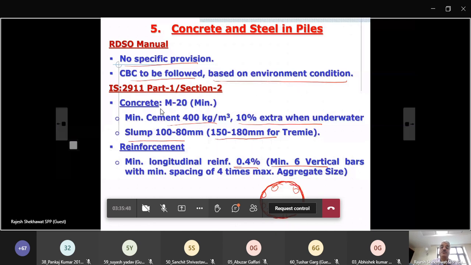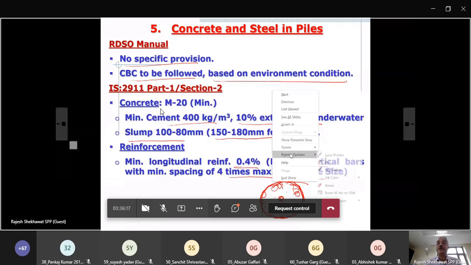And sometimes when you have heavy reinforcement, you put in bundles, 2 bars here, 2 bars here, like this. In the center, most of the time people put one, or you don't put much reinforcement; you put more on the surface. So it says there should be minimum 6 vertical bars, and the minimum spacing between these vertical bars should be 4 times the maximum aggregate size, so that the flow of concrete is not obstructed. Otherwise there will be hollow spots.